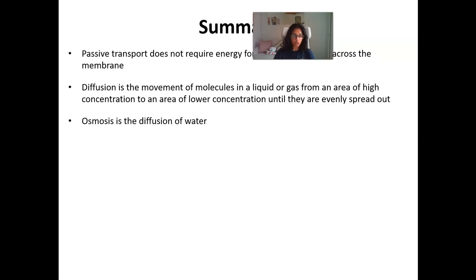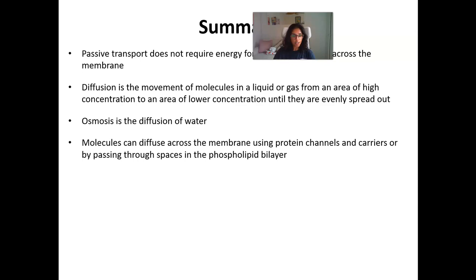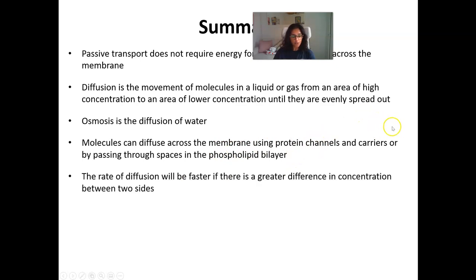Osmosis is a special diffusion of water, and molecules can move across the membrane using protein channels and carrier proteins by passing through layers in the phospholipid bilayer. The rate of diffusion is faster if there's a greater difference between the two sides, so if there is a higher concentration gradient.